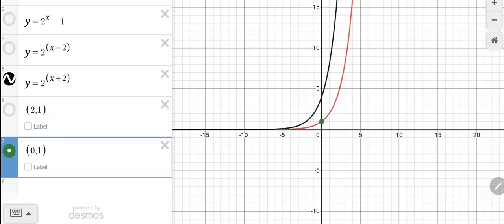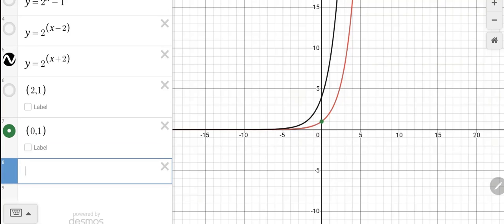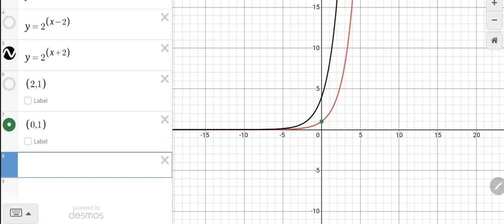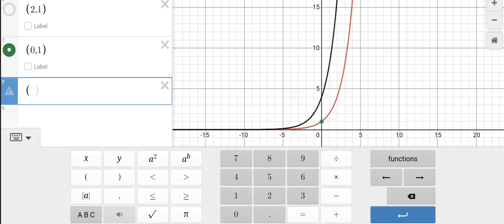If you have a look at the next one, this time we've got y equals 2 to the power of x plus 2. This means our graph is moved 2 units to the left, and our intercept, instead of being at 0, 1, is now at minus 2, 1.